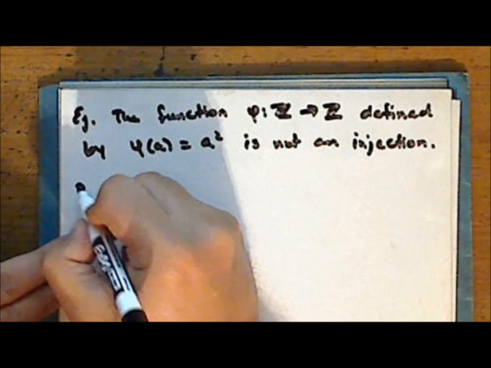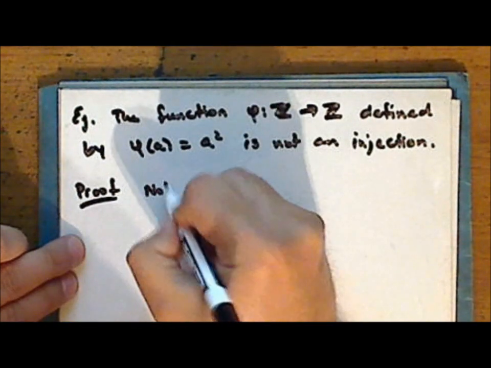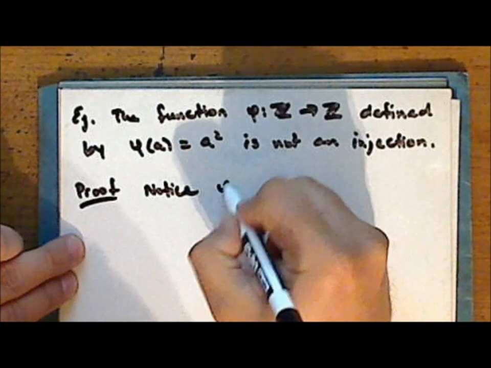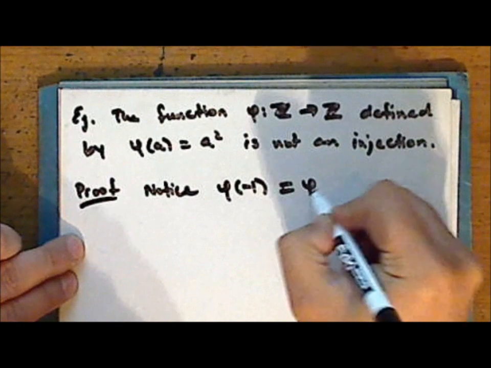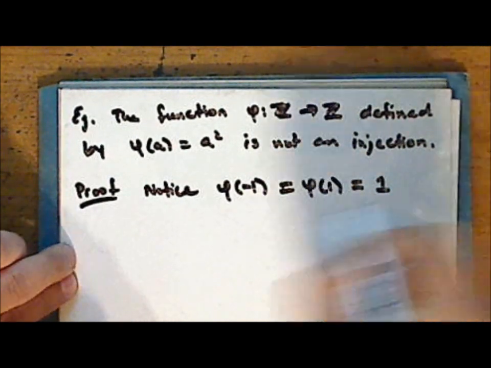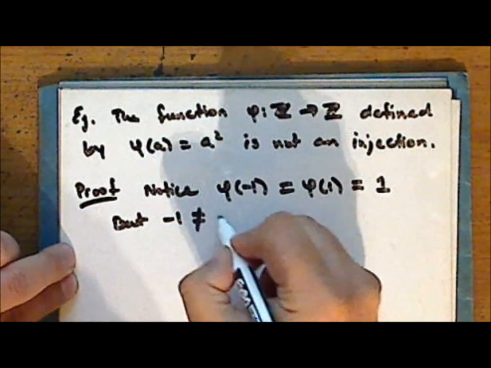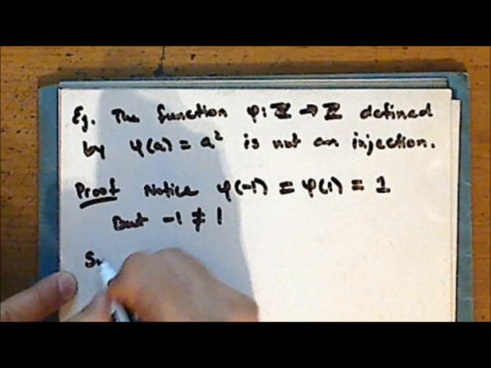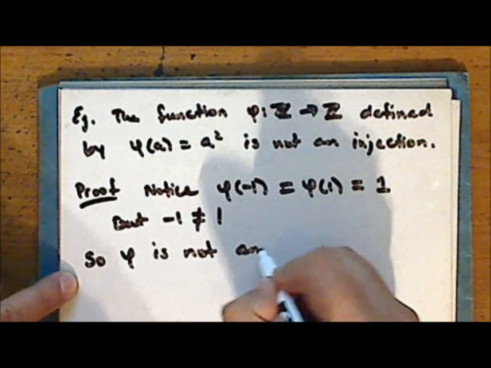And we'll show this by counterexample. Notice that phi of -1 is the same as phi of 1, which gives the element 1, but -1 is not equal to 1, and so the function phi is not an injection.